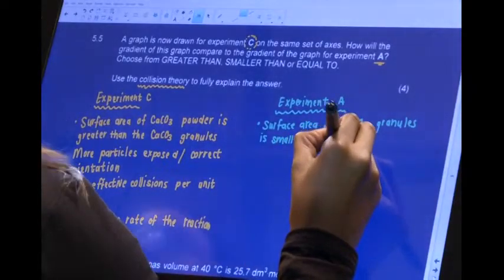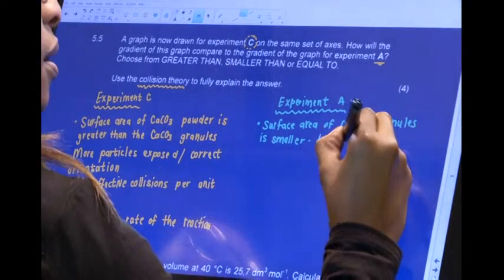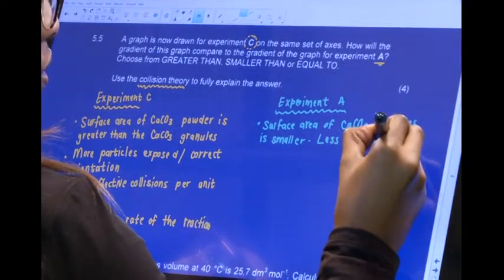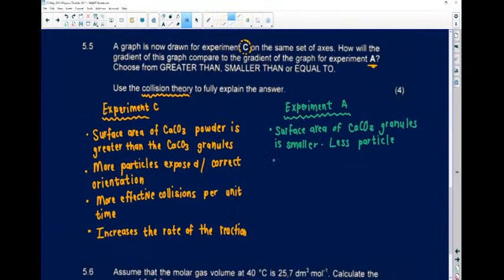We have less particle orientation because it's granules.